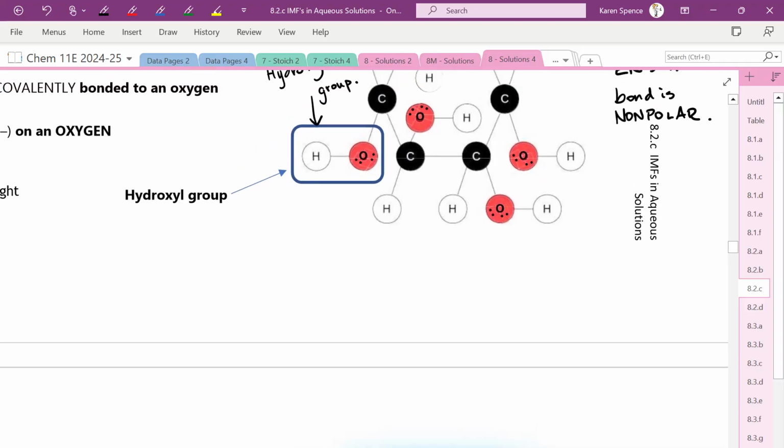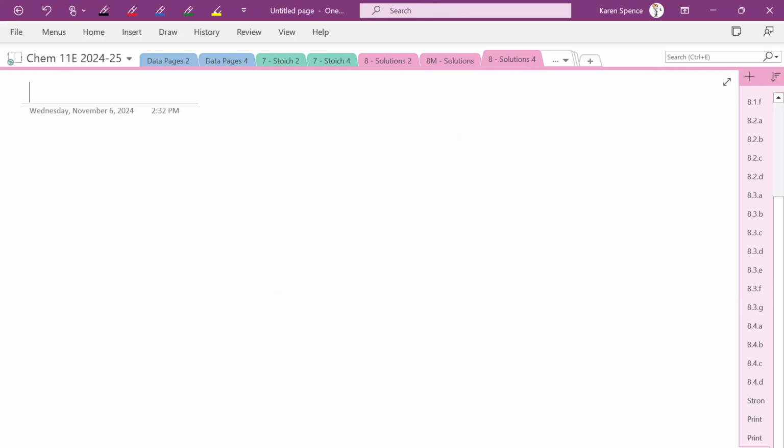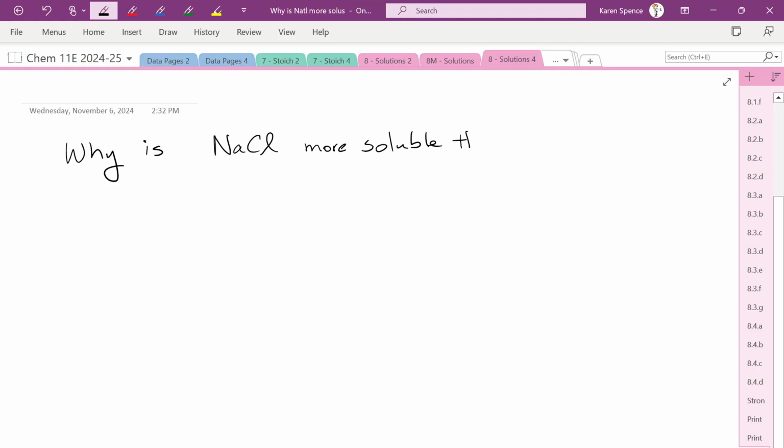Excellent. And just before we move on, I wanted to talk to you about what I talked to the other class about, and I'm just going to add an extra page here. You can do this anywhere, or you don't even have to write it down. We're going to come across this later. The question we came across was, why is NaCl more soluble than CaO?